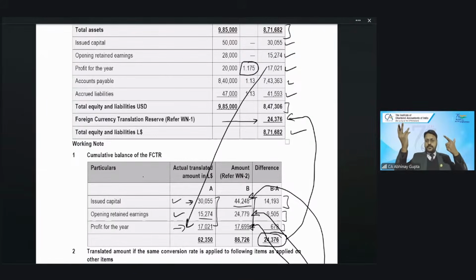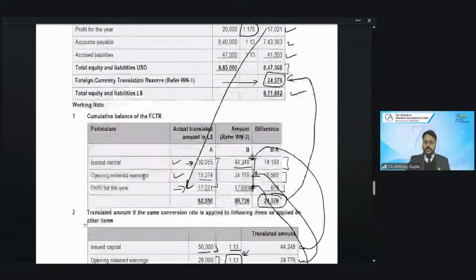Shareholders' funds. Correct? So that's why it is being adjusted in FCTR, right? FCTR is nothing but part of the other reserves, and other reserves are part of other equity, which is a part of the shareholders' funds. So this is how the FCTR working will look.